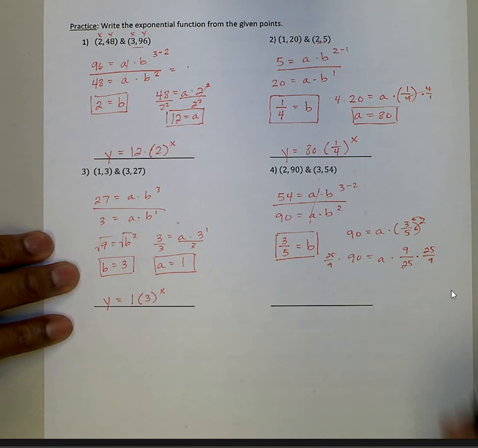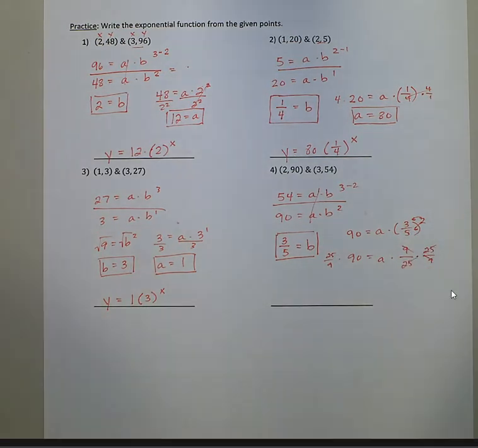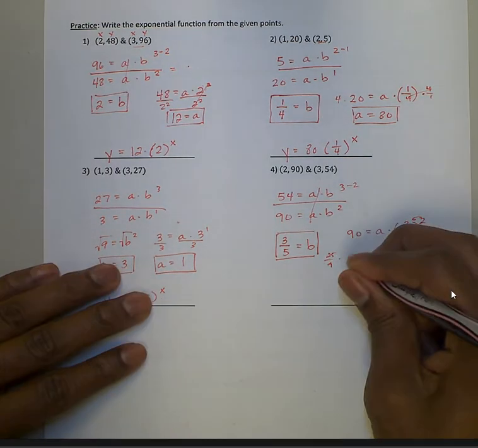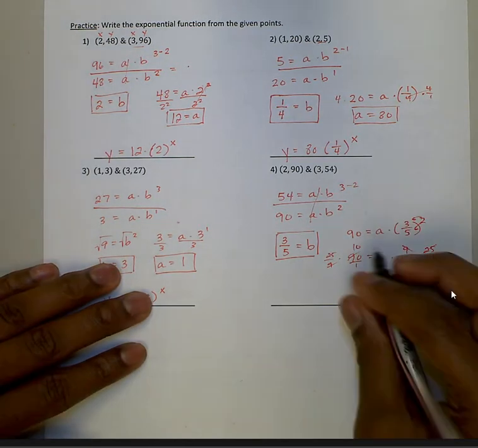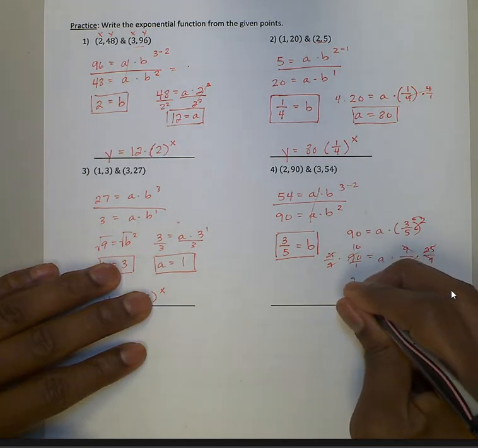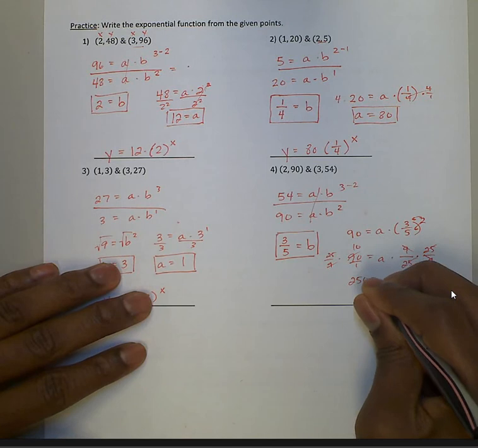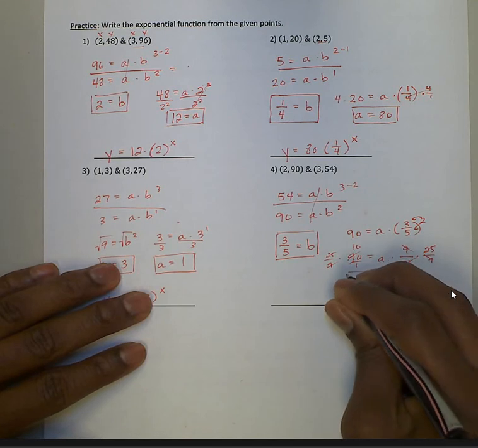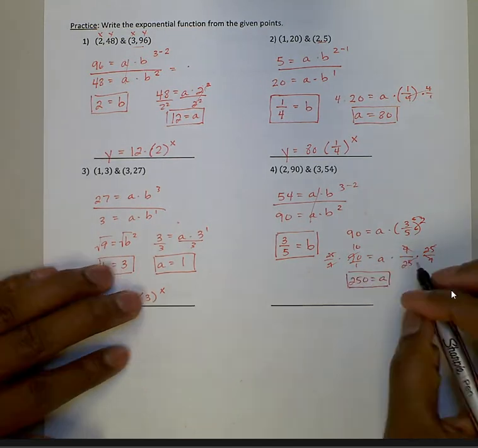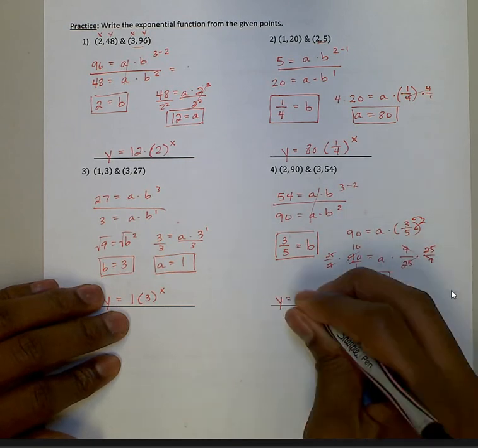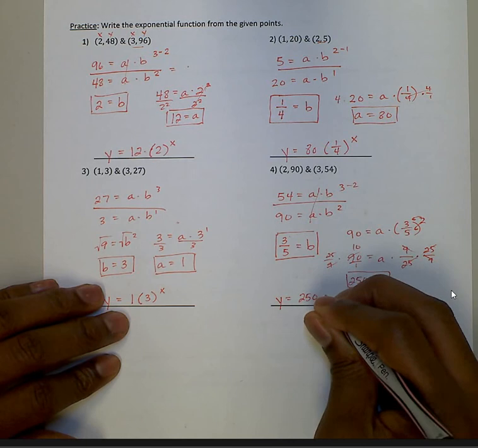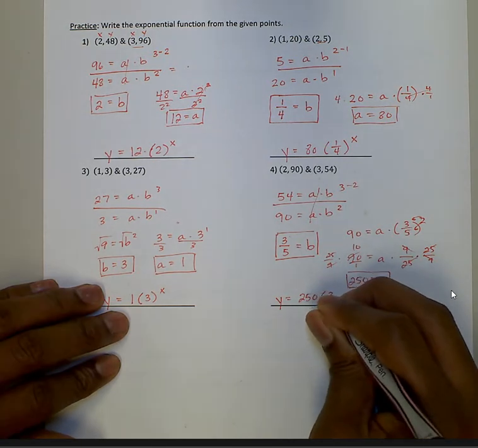On this side that cancels out, so that works out for us. 25 times 90. Let's see if I can do this a little bit better. That cancels out a little bit, gives us 10 times 25, which is 250. So a is 250, and I have b is 3/5. I have y equals 250 times 3/5 to the x.